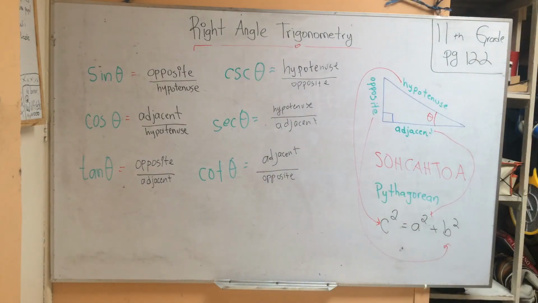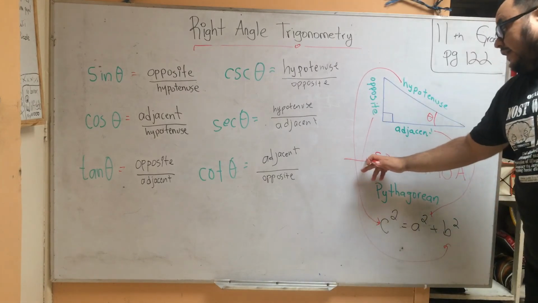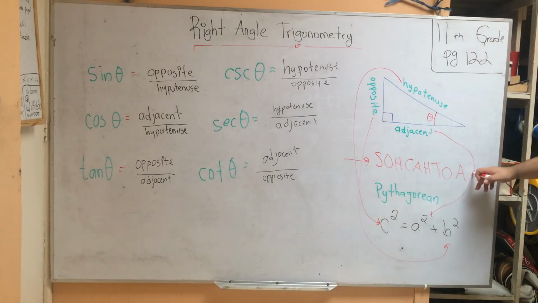Now, there is one word that I also told 10th grade they should remember, because it's going to help you a lot. Technically it's not a word, that's why it sounds funny, but we're talking about SOHCAHTOA.